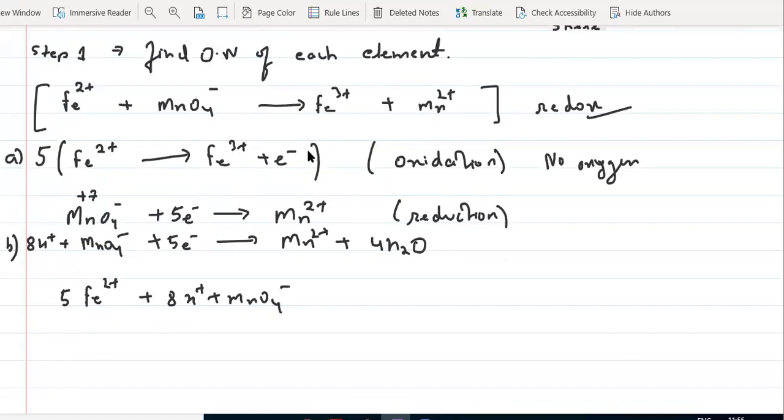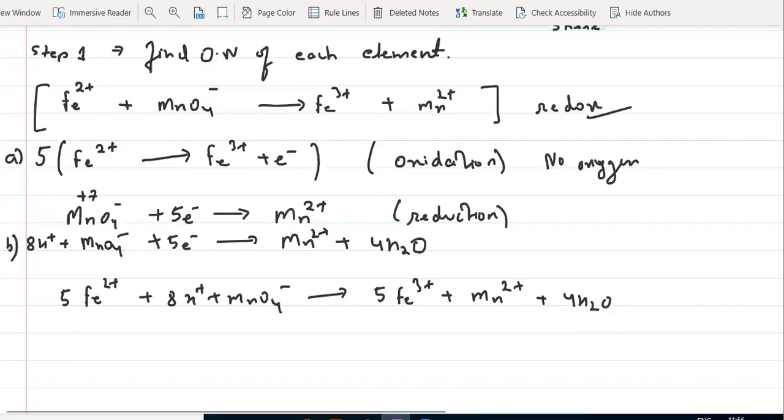Now the 5 electrons will get cancelled, so I will not write electrons. It will give 5 Fe3 plus plus Mn2 plus plus 4H2O. Got it, everyone? Tell me till this point.